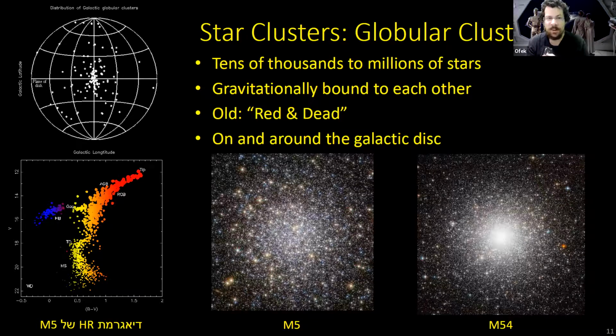And now we can talk about star clusters. Here we have 2 images, for example, of globular clusters from the catalog, M5 and M54. And we see that these objects are basically composites of a lot of stars very, very close to each other. Tens of thousands to even millions of stars clustered together.